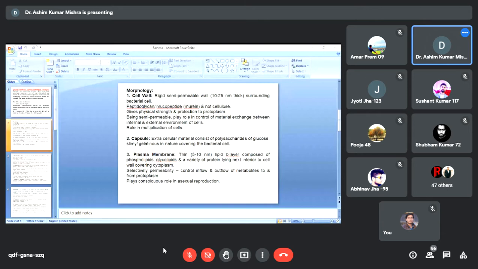Once the virus infects the bacterial cell, because viruses don't have their own mechanism of auto-replication, they go on replicating through these plasmids with the help of the bacterial cells.